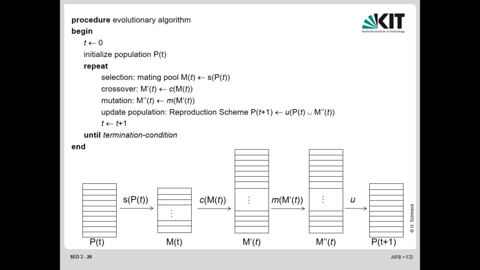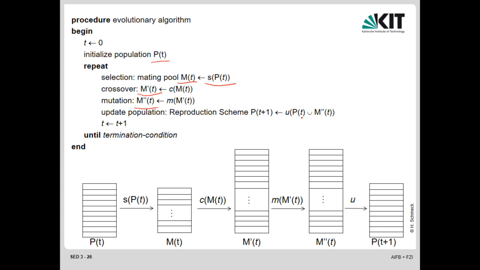And so this is just the same again, just in program notation. You have your initial population, P of t. You have your selection of parents, you have your mating pool. You do crossover, get a new set of elements. You mutate, get M double prime, and then you update the population.